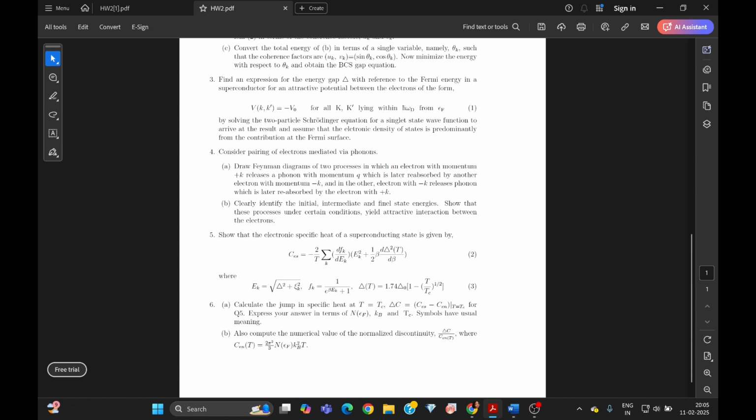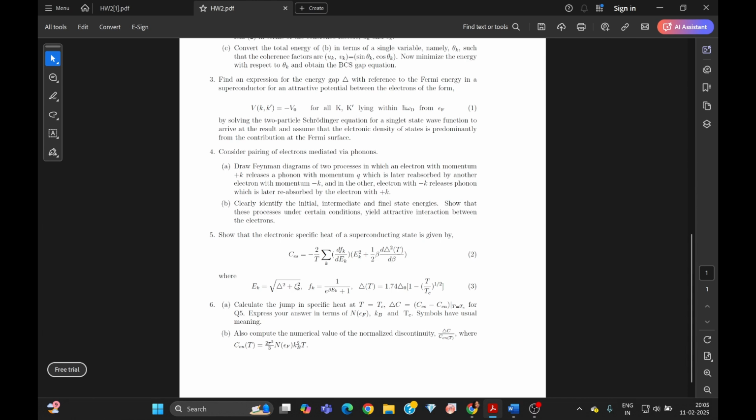Right. Now the CEN term is the specific heat for the normal state. I have also written it previously. This we write as, here we have written it, right? This N is basically the density of states.